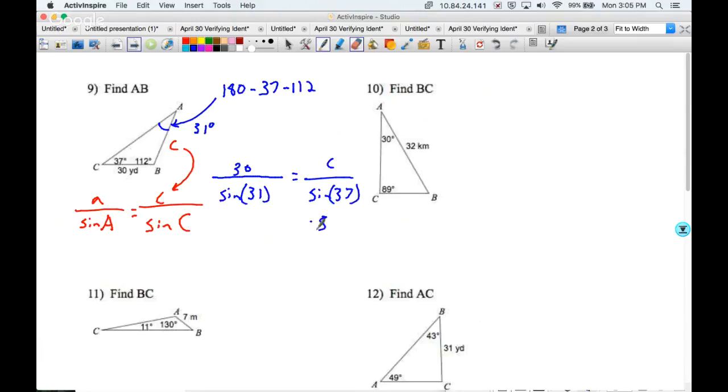Multiply both sides by the sine of 37. And I'll tell you how to plug this into your calculator. You're going to do 30 divided by sine of 31, then press enter, and then press times sine 37. And we get 35, it's a unit of distance, so 35 yards.